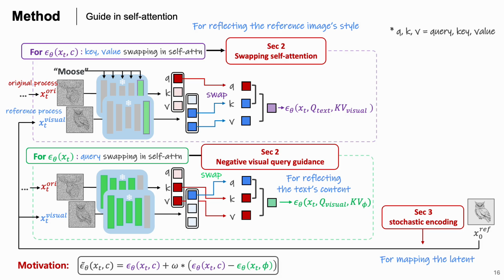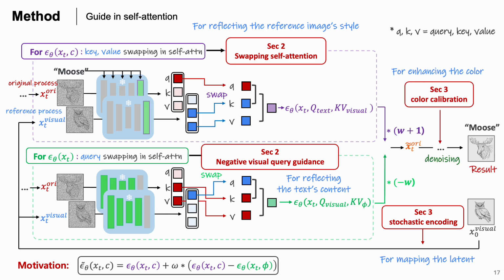In the self-attention mechanism, key and value encode style, while query represents content. Therefore, to prevent undesired content from the reference image from appearing in the output, we swap the query in the self-attention layers. This is why we call this technique negative visual query guidance. This query swapping step is applied in all self-attention layers except for those where key value swapping has already been performed.